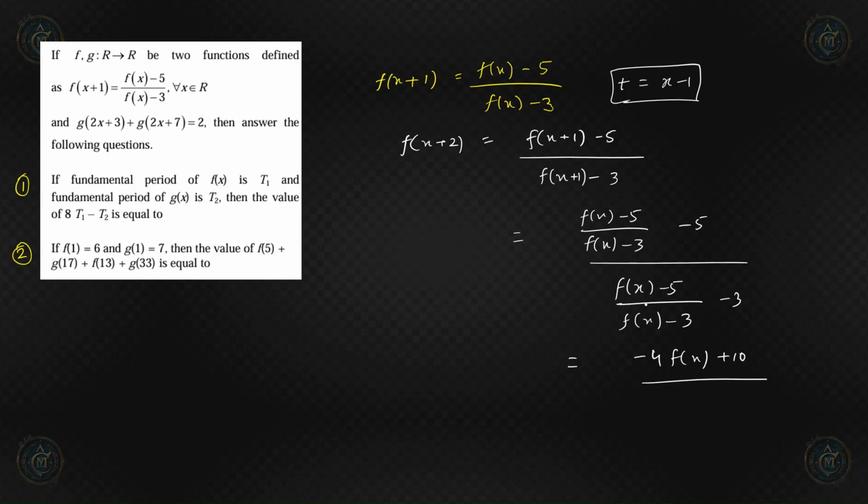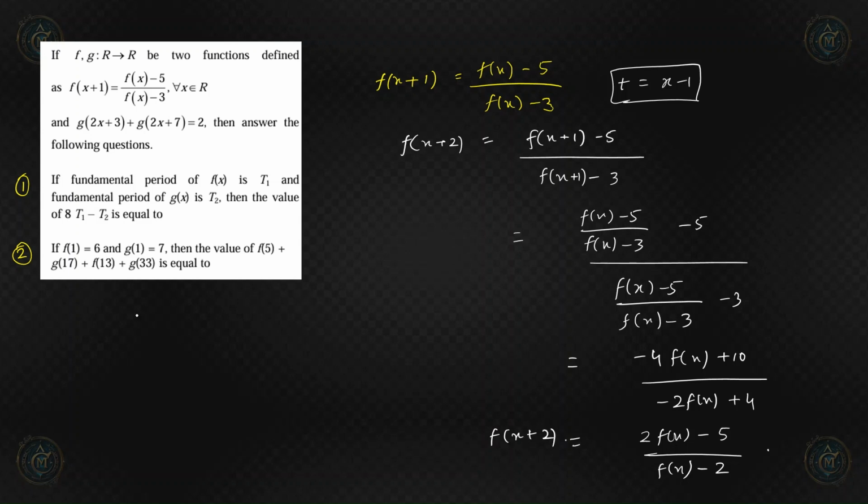Okay. Divided by, here we get minus 2 f(x), then plus 9 minus 5, that is plus 4. Okay. So we can cancel this minus 2 here. So this becomes 2 times f(x) minus 5 divided by f(x) minus 2. Okay. So f of x plus 2 is this.